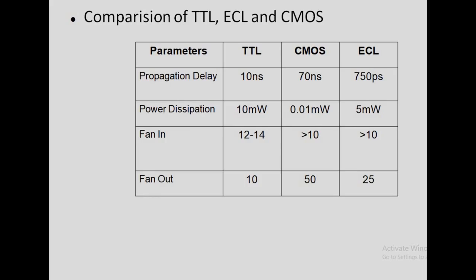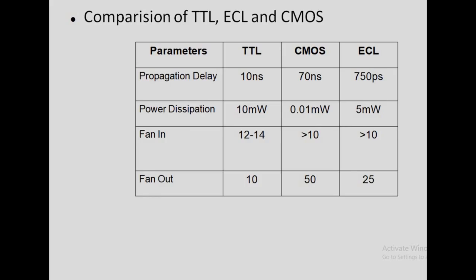Next parameter, power dissipation. In TTL 10 milliwatt, in CMOS 0.01 milliwatt, and in ECL 5 milliwatt. Next parameter is fan-in. So for TTL it is between 12 to 14. For CMOS it is greater than 10, and for ECL it is greater than 10.